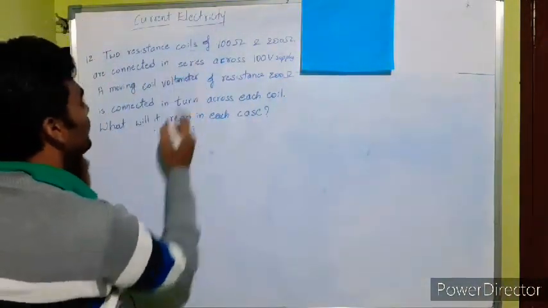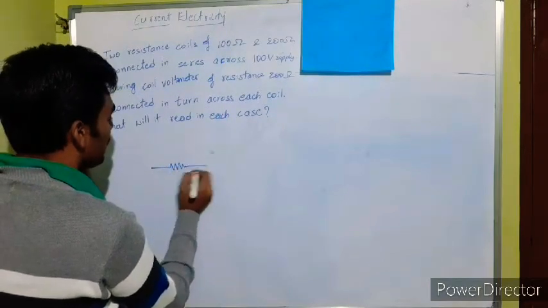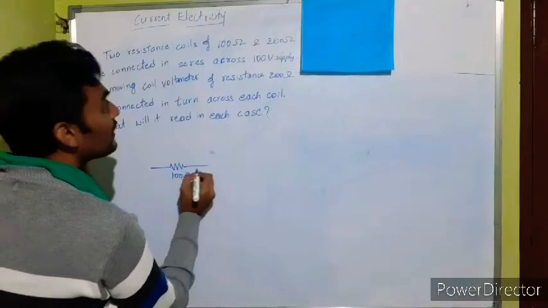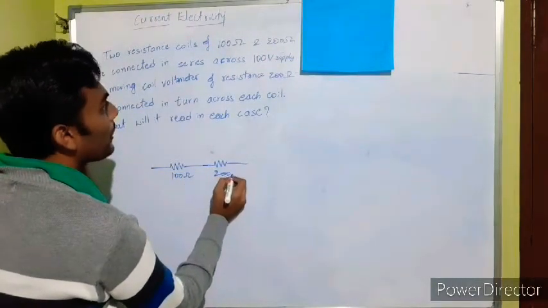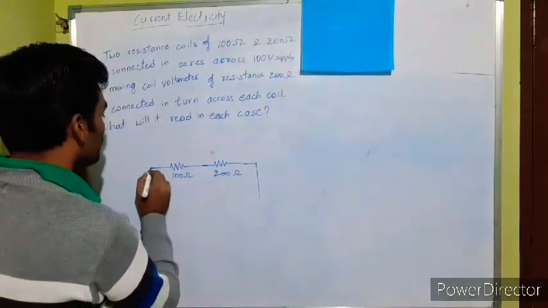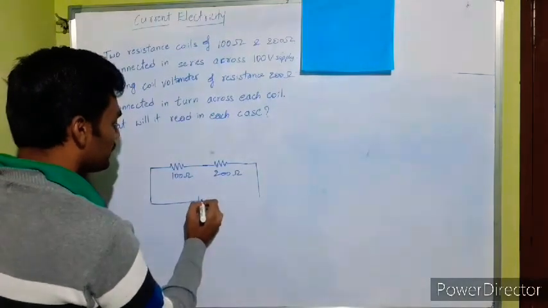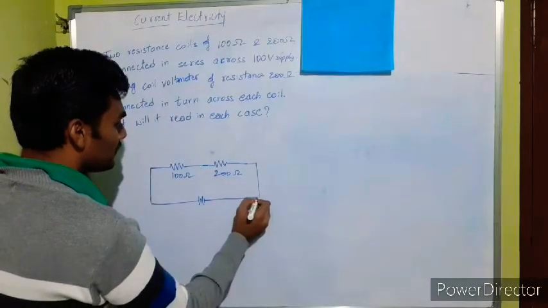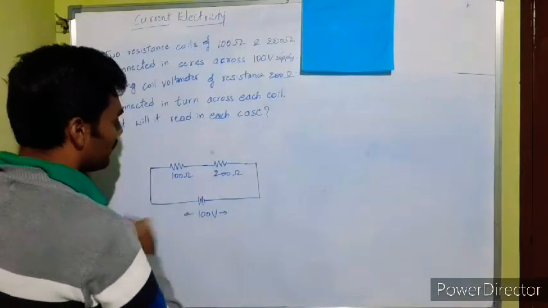We have two resistors, one is 100 ohm and the other is 200 ohm connected in series, right? Across what? Across the power supply of 100 volt, right? So this is the situation now.